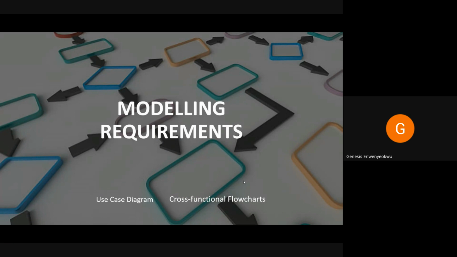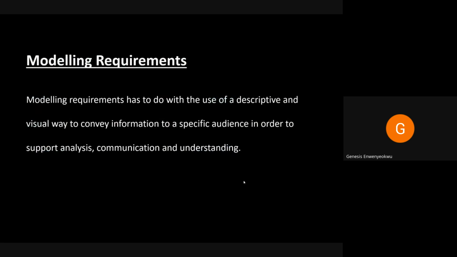We'll be looking at the two most popular requirement modeling types, which are the use case diagram and cross-functional flowcharts. But today we'll focus more on the UML use case diagram. But before we jump into that, we first need to understand why we model requirements.